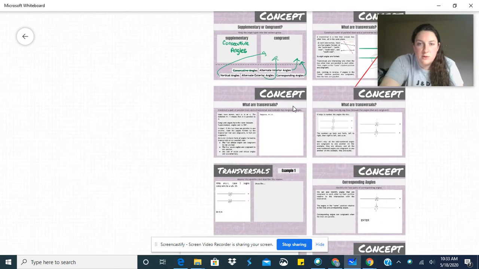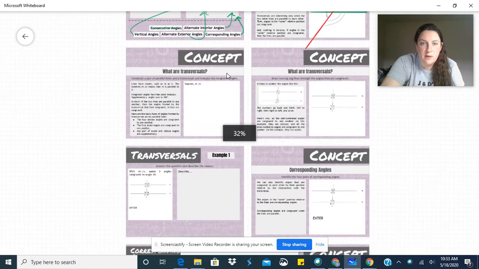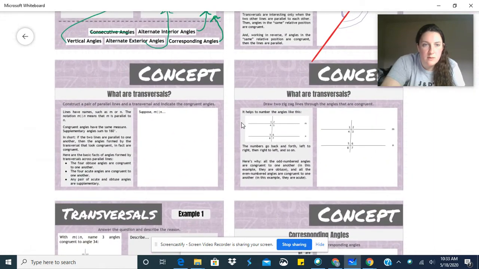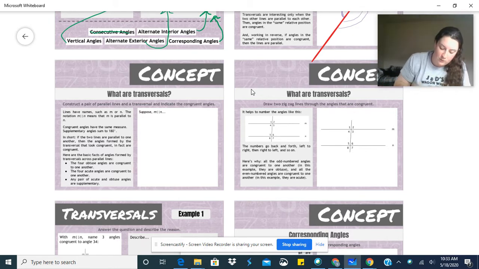So now we're going to go to the next set. Zoom in a little bit. So now you are asked to construct a pair of parallel lines and a transversal and indicate your congruent angles. Suppose line M is parallel to line N. That is what this means right here.